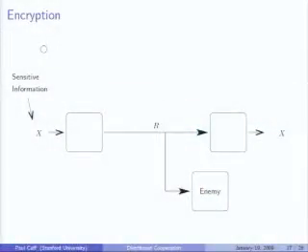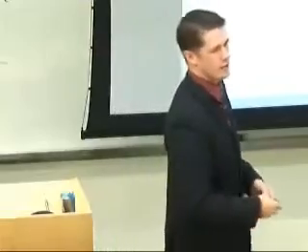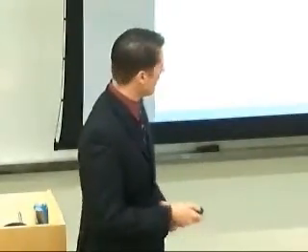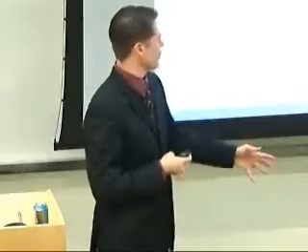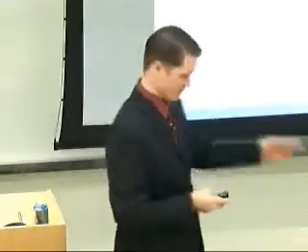So let's look. We're going to now talk about coordination of behavior in an adversarial setting. Okay. So let me describe encryption, the basic problem of encryption, as I see it anyway.